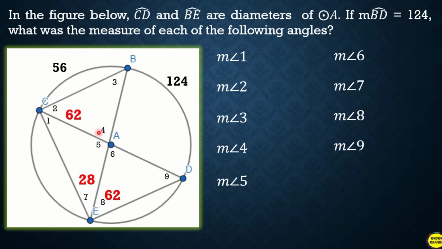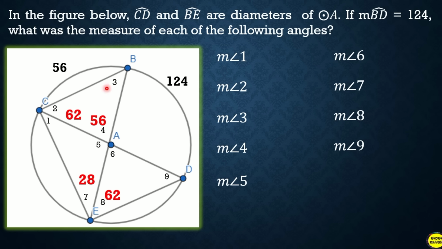So, therefore, yung angle 4 natin ay 56. And then, apply natin yung concept ng triangle. So, alam natin na ang buong sukat ng triangle is 180. Since yung dalawang angle, meron na tayong given, that is 62 and 56, para makuha natin si angle 3, add natin itong dalawa, tapos subtract natin from 180.